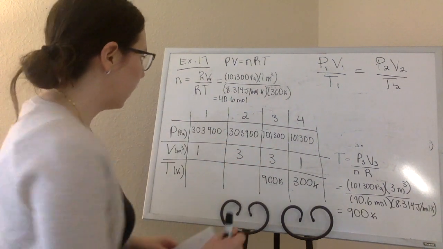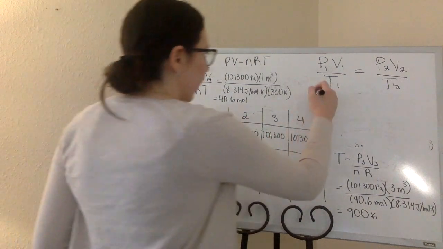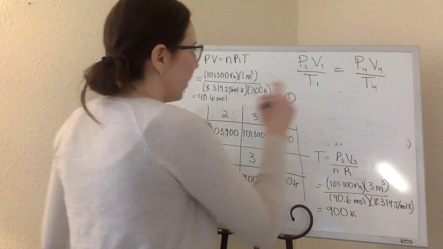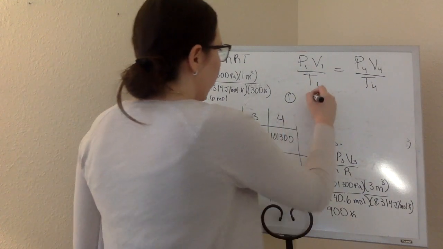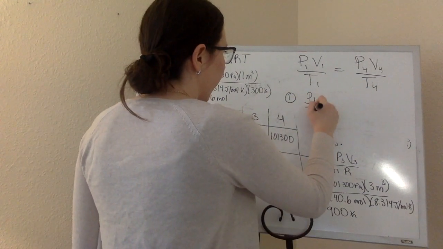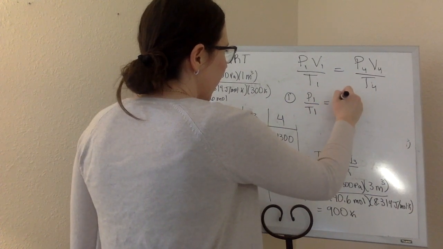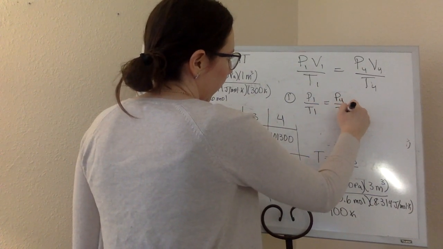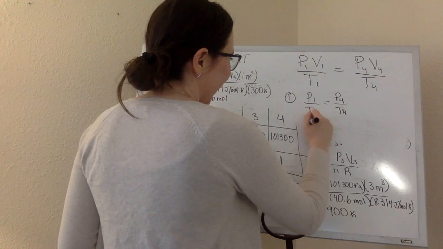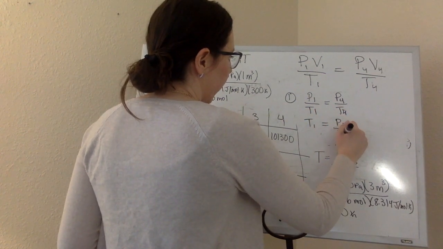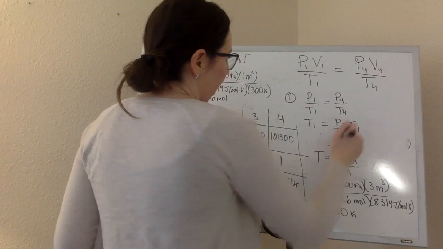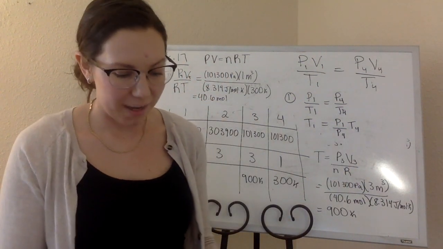Maybe let's do state 1. The process from 4 to 1 is isochoric, meaning that the volume is constant if you look back at the last diagram. So we'll have P1 over T1 equals P4 over T4. And then rearranging this, I get T1 equals P1 over P4 times T4, just cross multiplying and dividing.